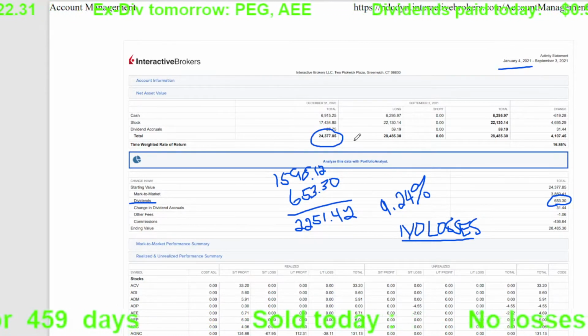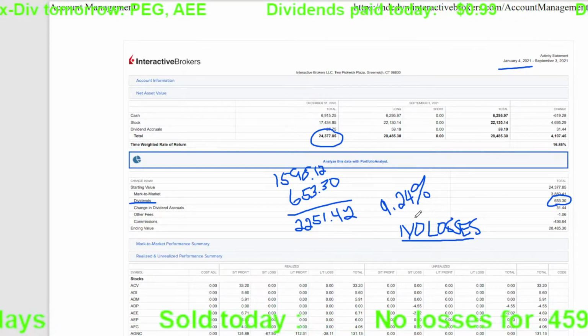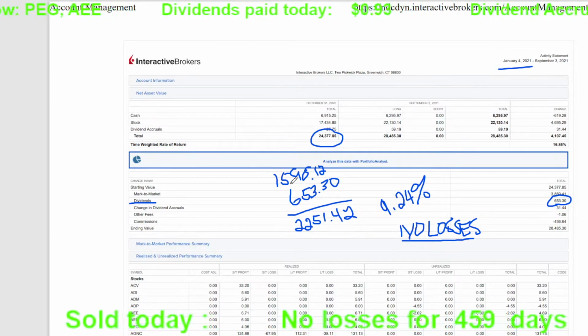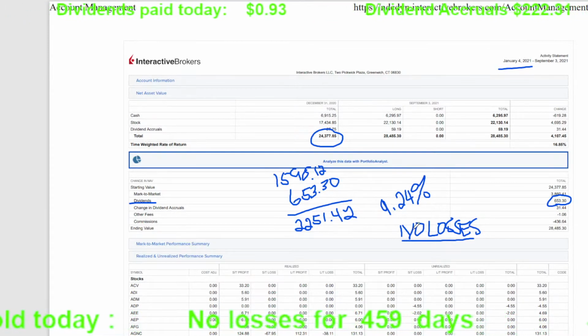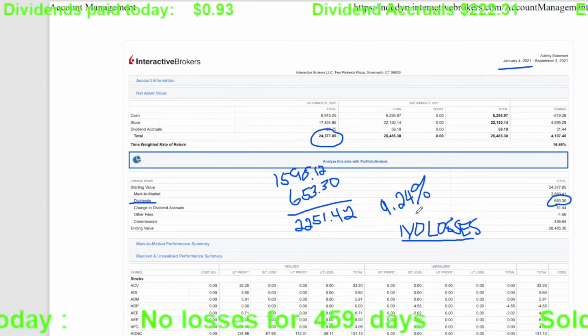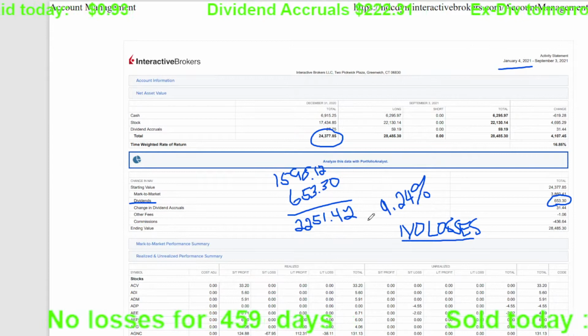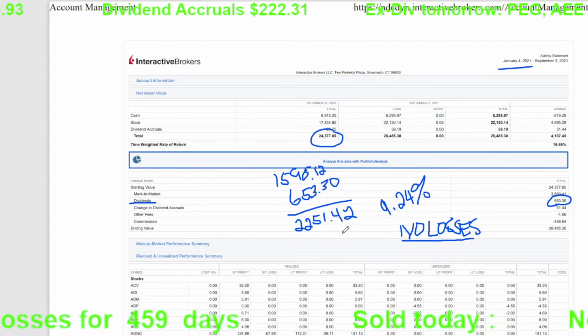Now we're talking small numbers here, right? But we're targeting 1% per month. So what do we have? January, February, March, April, May, June, July, August, September. 9 months. If you divided that up, that's like 1.12 or 1.1% per month. So we're still on one account, we're hitting right on.